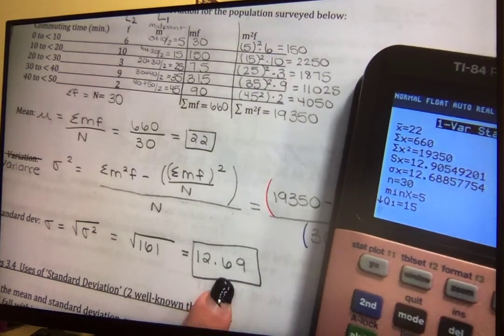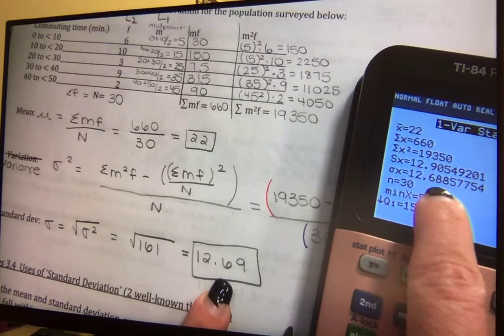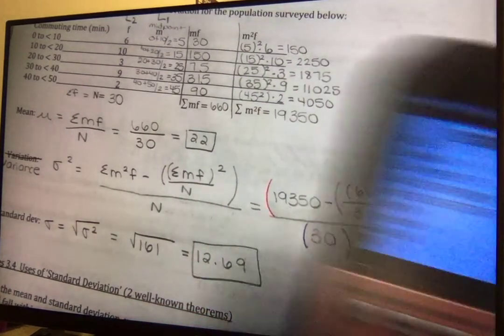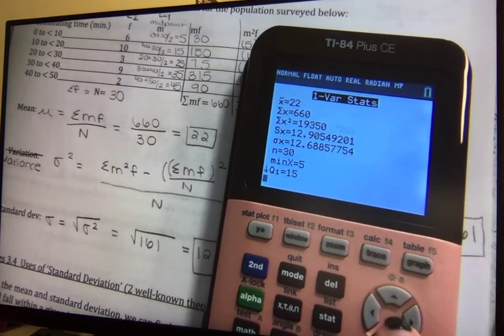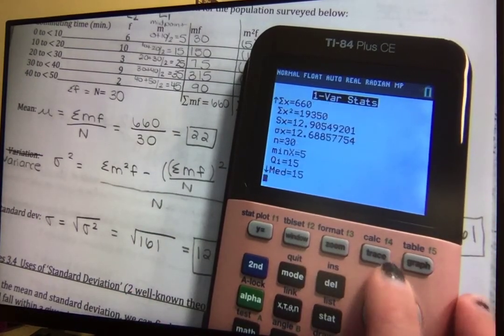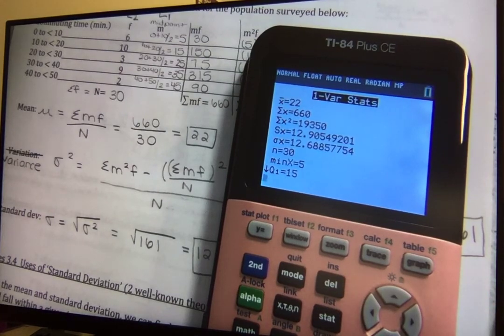So you see 19.69 down here because it's a population. Taking that number and squaring it would give us our variance. It gives us a minimum, our median, and our maximum, and we'll talk about some of the other stuff. So this is super cool. I don't even have to worry about these crazy, ugly formulas. My calculator does them for us, so we're not going to do those again.